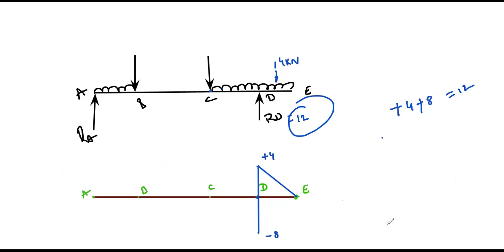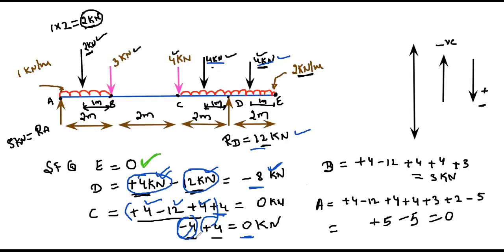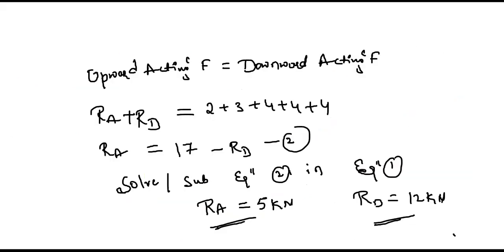At point C, we have the loading as minus 4. Then we have plus 4. Then only it will become 0. First we need to draw minus 4.